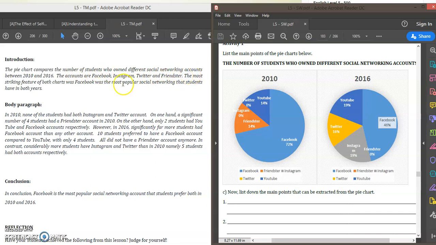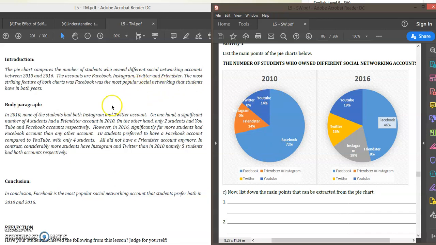The most striking feature of both charts was Facebook being the most popular social networking account that students have in both years. So the overview should cover both pie charts. You should not just talk about one. So that's how an overview should look like.